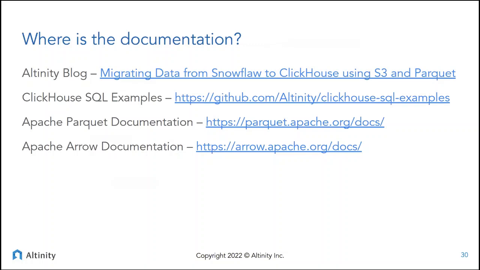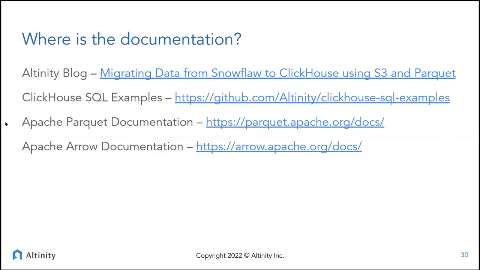So a little bit about documentation. We have the Altinity blog. This talk is largely based on a blog article that I wrote with Snowflake. There are also the SQL examples, which you can get from GitHub.